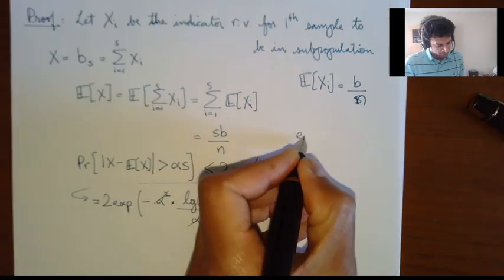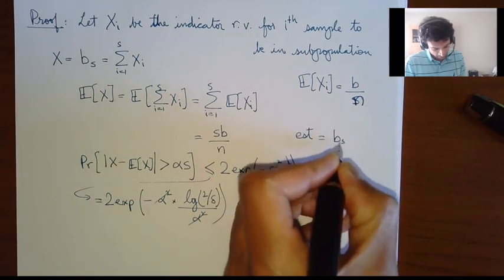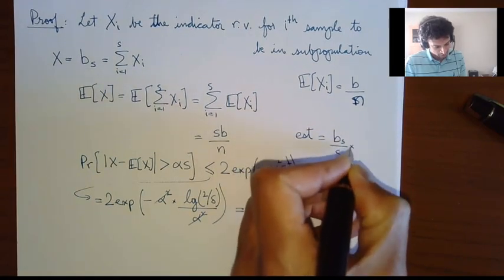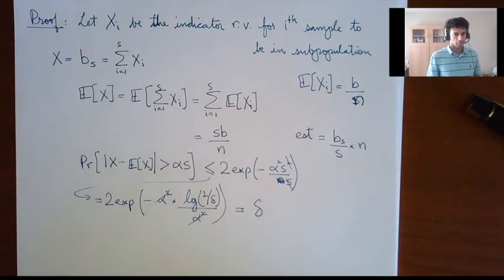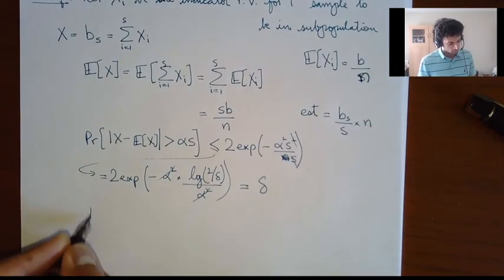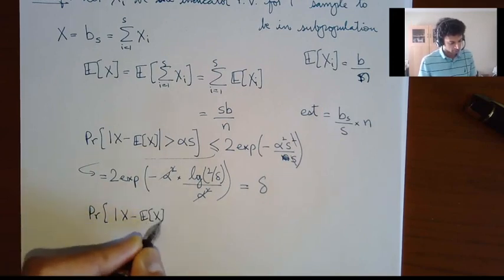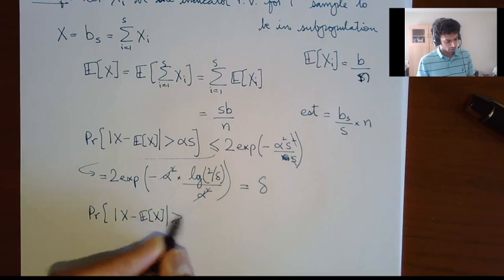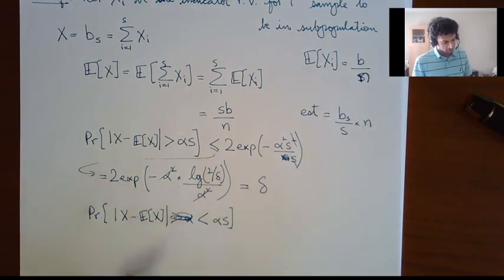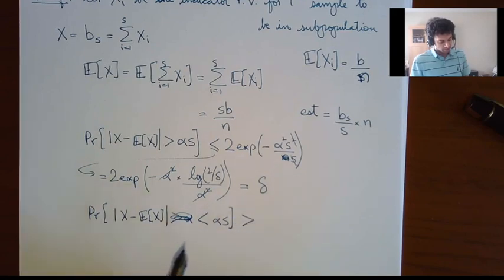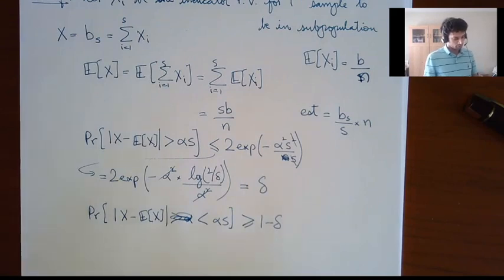Okay? Of course, what you wanted to know was the estimate. Remember, your estimate was actually b sub s divided by s times n. But you'll see all you have to do is just multiply this expression by that. So what we're going to say is, therefore, the probability that x minus the expectation of x is less than alpha times s is at least 1 minus delta. All I did was just flip things around.